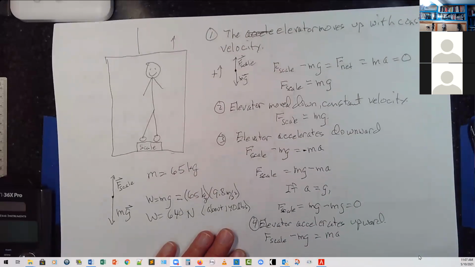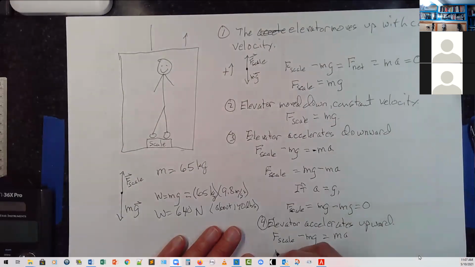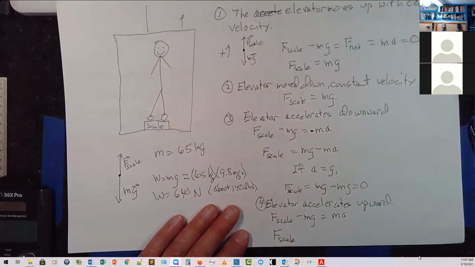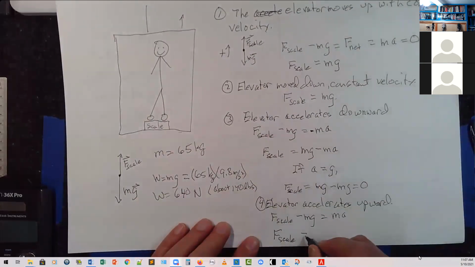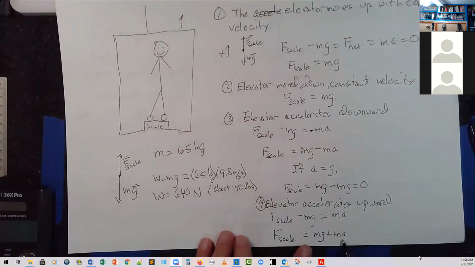The force that the scale exerts is going to equal mg plus ma. And that's going to be greater than your weight.